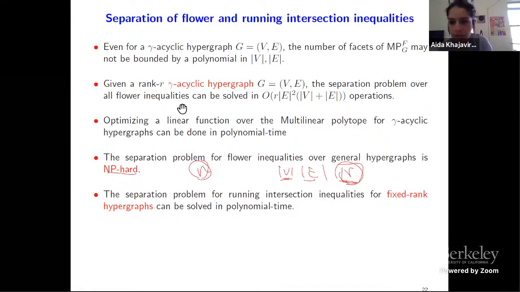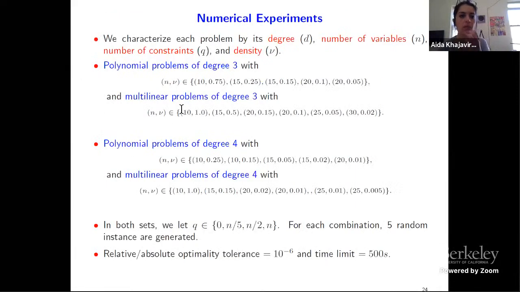Okay, so maybe let me show you some numerics. I'll show you two. The first is where we just generated a collection of random optimization problems. These are polynomial optimization problems of degree 3 and 4. Variables are even continuous.